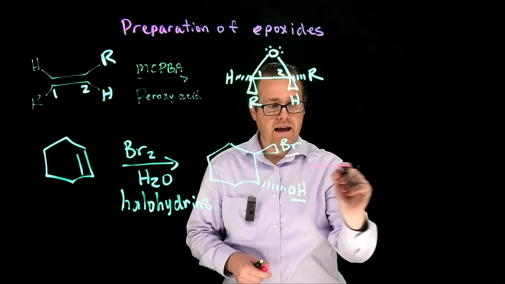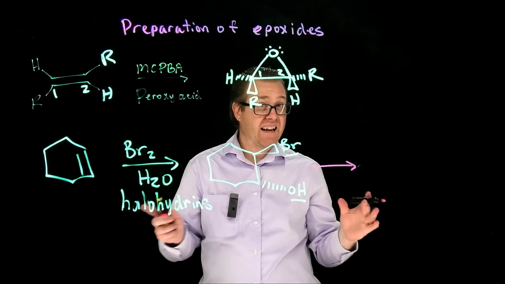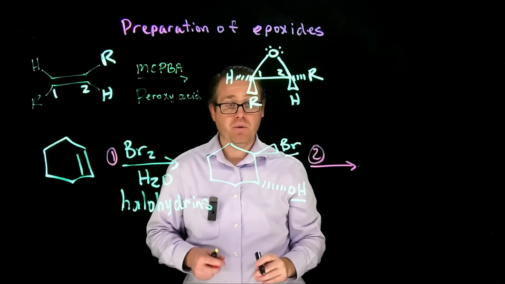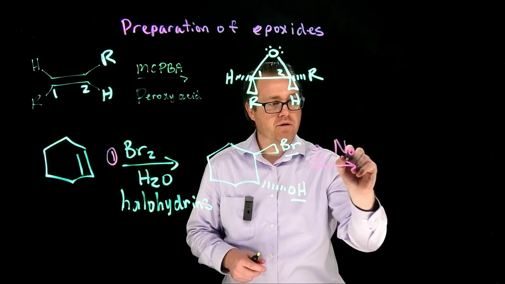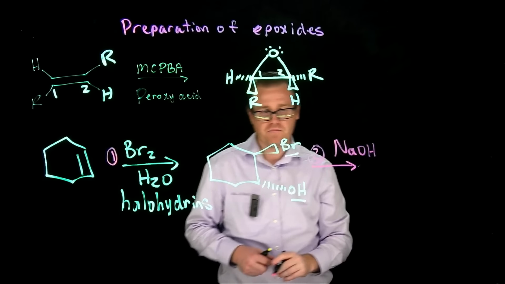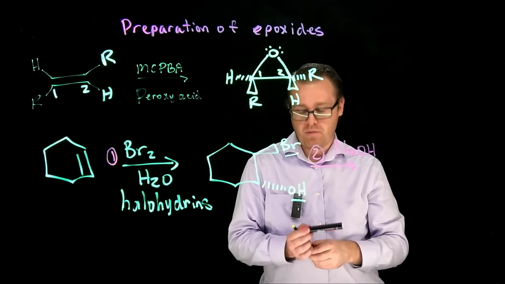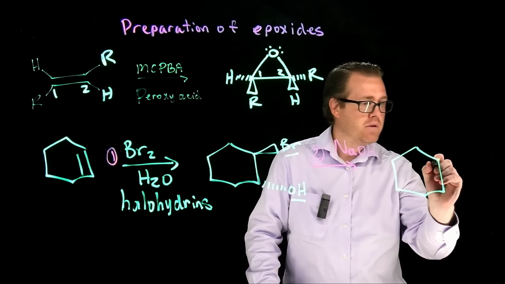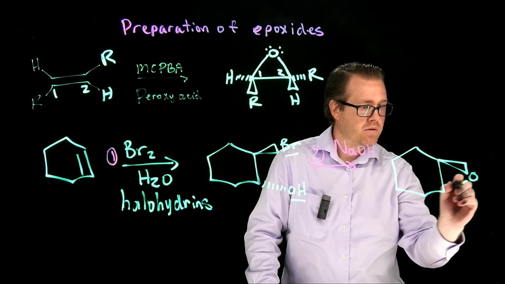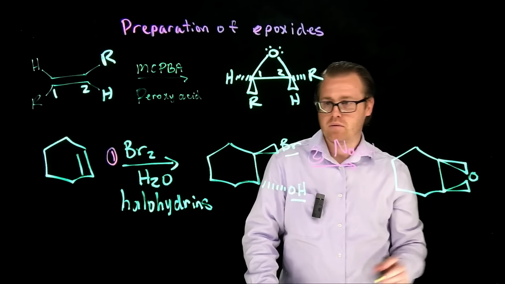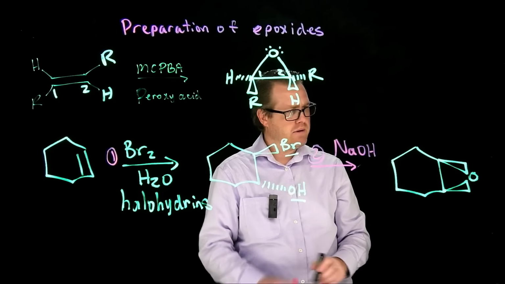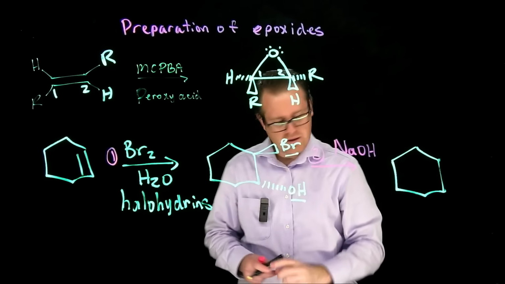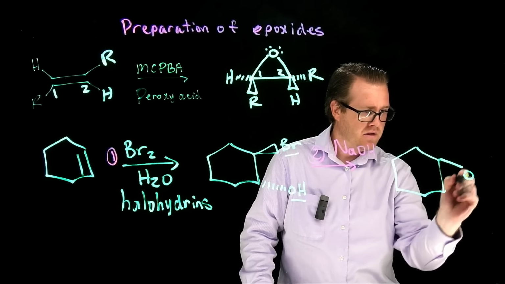We could treat that in a second reaction. So this is reaction 1, and then in reaction 2, we can treat that with some sodium hydroxide, and that is going to form our epoxide. Like so. But for right now, let's not worry about the stereochemistry.